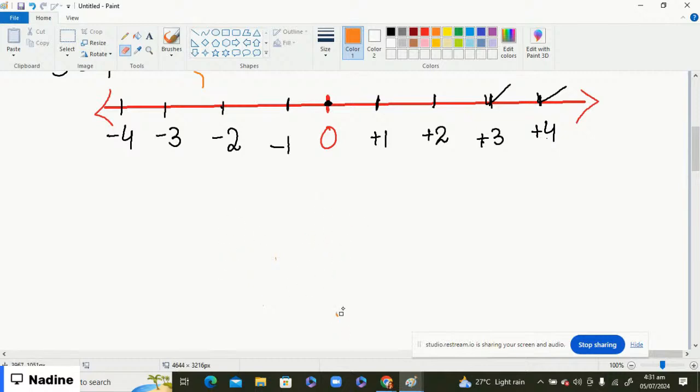For example, I am going to write here negative 4 and 1. You are not just checking that 4 is greater than 1. You also check the full number. Which sign is with it? If there is a negative sign, it means that this is less than 1. One is greater than that number.